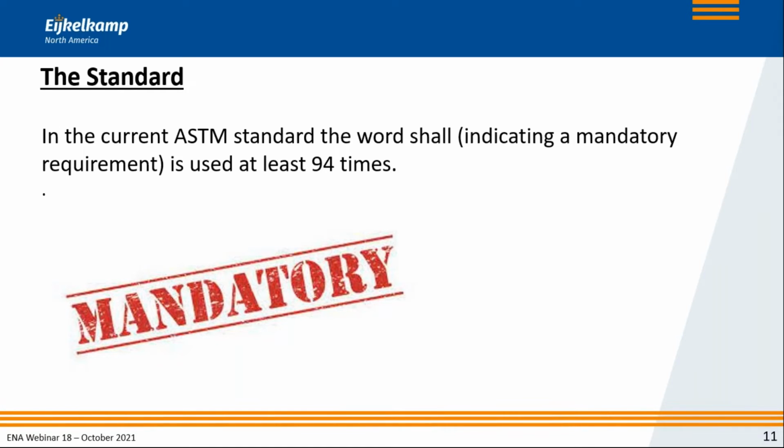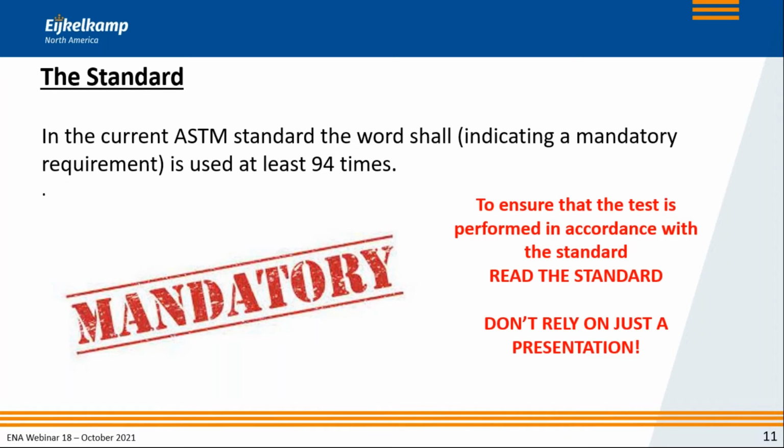All makes perfect sense. And that's just a reminder, because there are so many mandatory requirements in there, don't rely on a presentation or a short summary of the standard. Take the standard itself, get a copy and read it so that you do the things properly as they are prescribed in the standard.